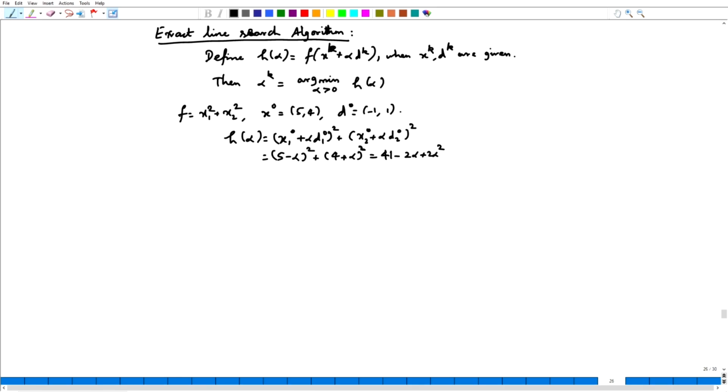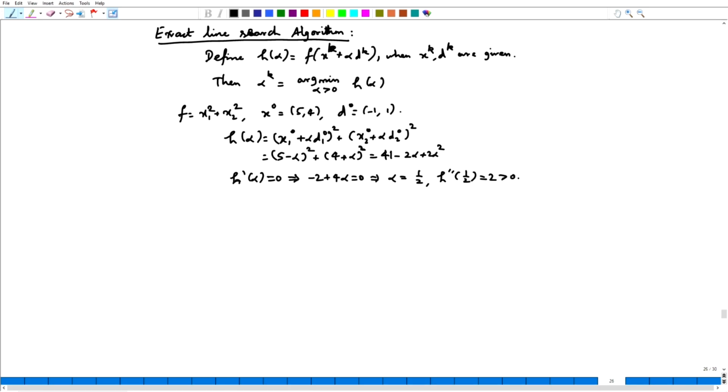So, for what value of alpha is this minimized? That can be easily found, h dash of alpha equal to 0 gives us minus 2 plus 4 alpha equal to 0. So, alpha is actually half, and you can also see that h double dash of half is 2.